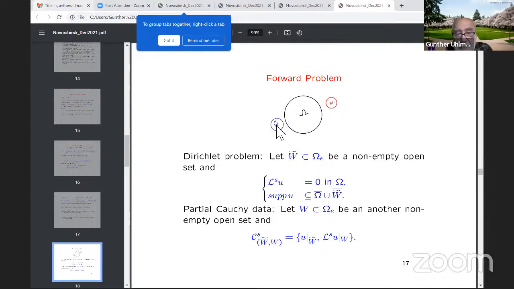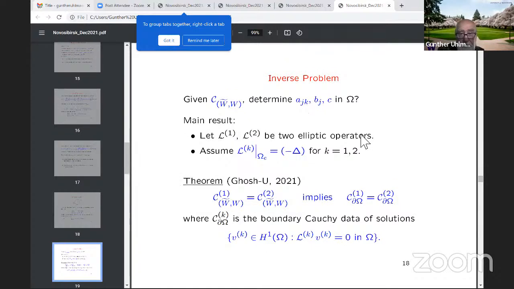They can be disjoint like in this picture, but they can be the same, or they can have an intersection. So this is the problem. What can we recover about the operator L? This is the question.